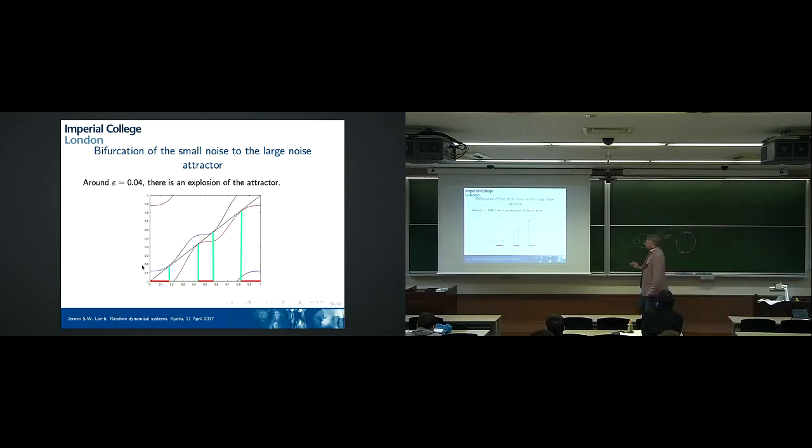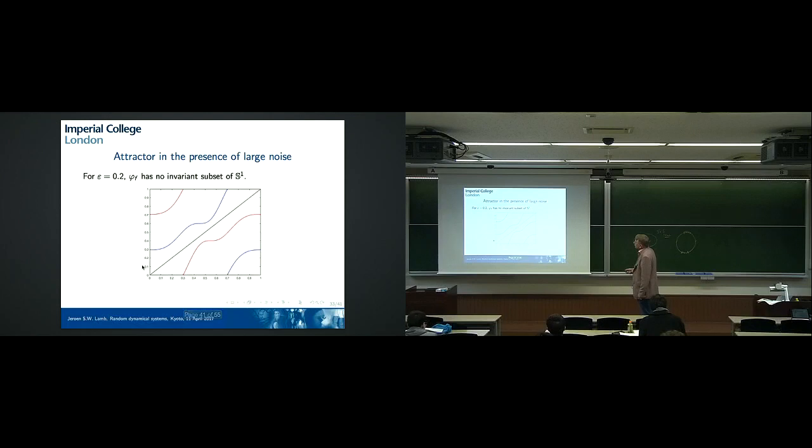No, they grow until they can't grow anymore, and then they just basically explode. It's an explosion of the invariant set. Okay, and that's already at 0.04. So I have 0.2, I'm much beyond that. Much further. 0.1, I think. Maybe it's 0.1 actually, the picture. Sorry. I will correct this on the slide before they go.